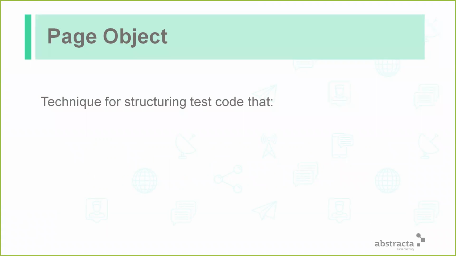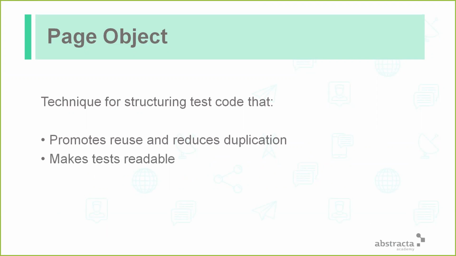Well, it's a technique for structuring test code that promotes reuse and reduces duplication. You will notice we'll be writing much less code. It makes tests much more readable. You can read a script and understand what is going on. What are we coding? What are we trying to verify?